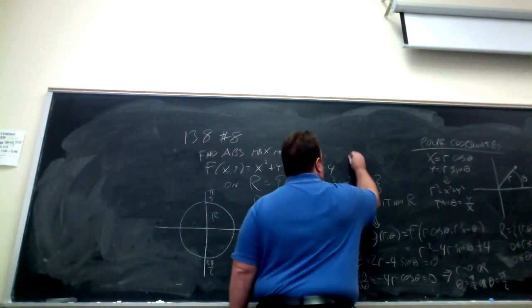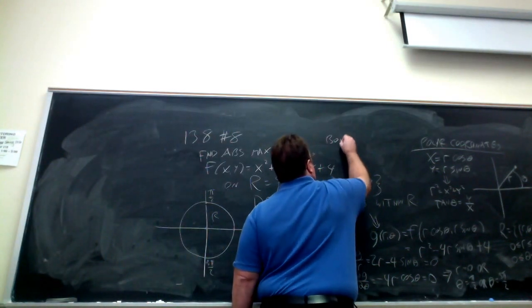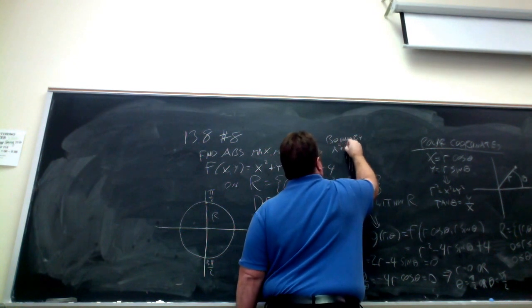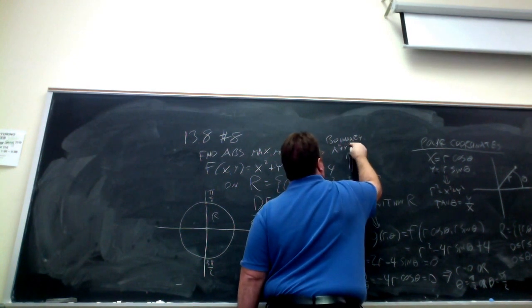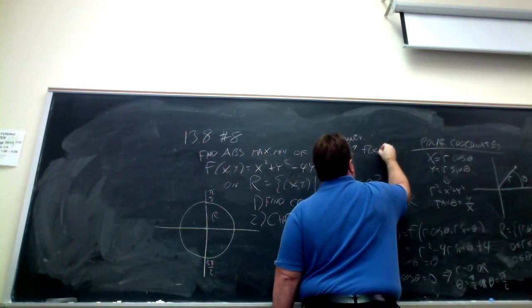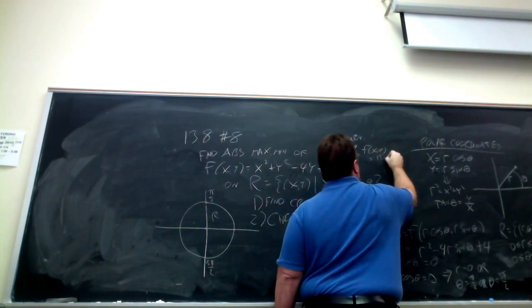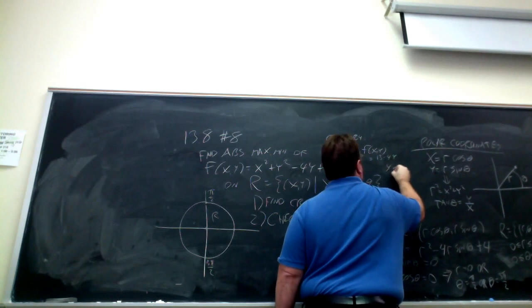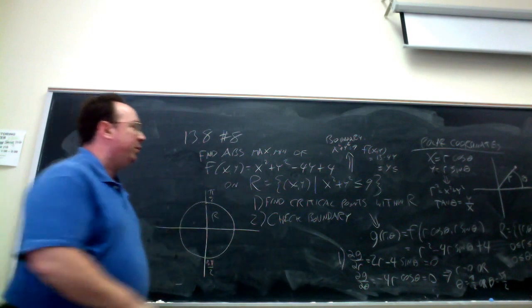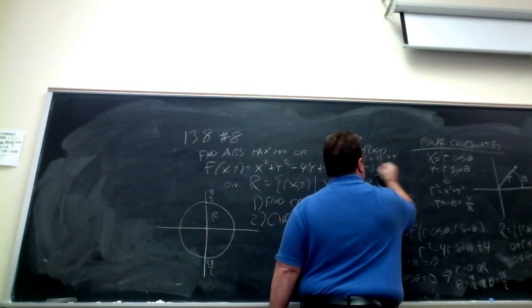For the boundary, x squared plus y squared equals 9, so f of x, y reduces to 13 minus 4y, and you only consider y values that can actually be on a circle of radius 3. So minus 3 to 3.